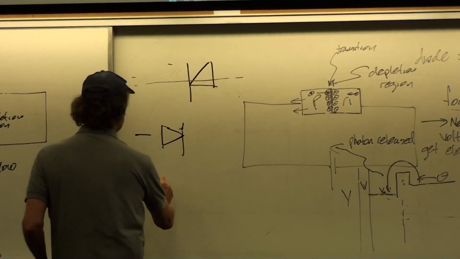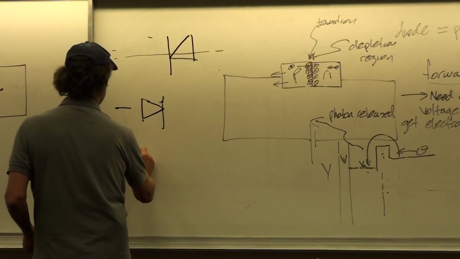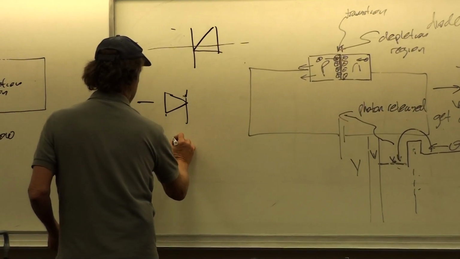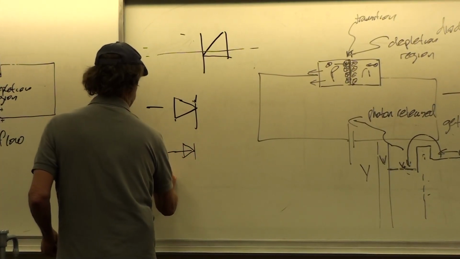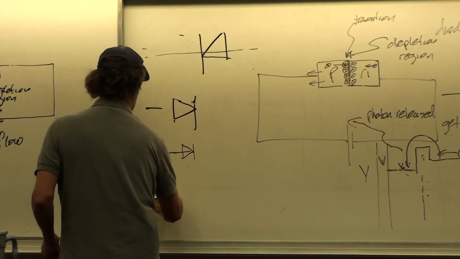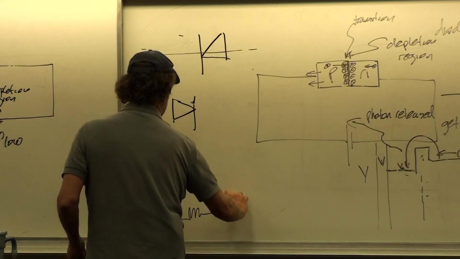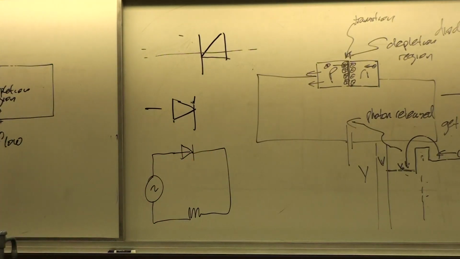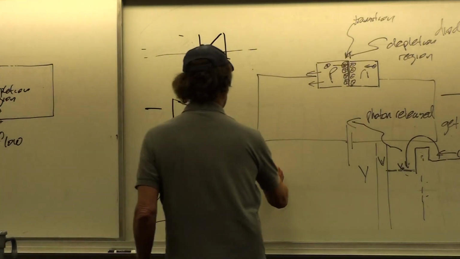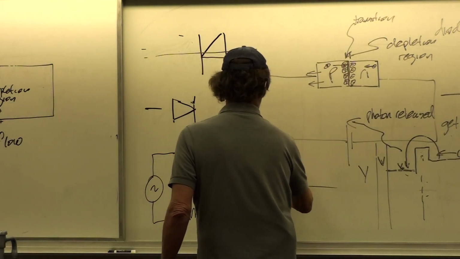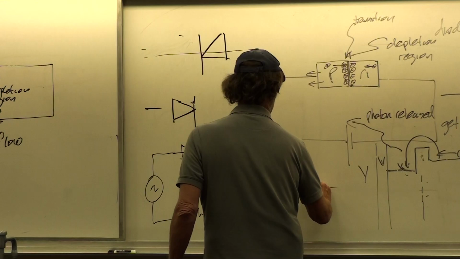So if we plug this into an AC source, we have our diode in here. And usually we put a resistor in here because high voltages can damage diodes. What would happen is that you cut out half the signal.